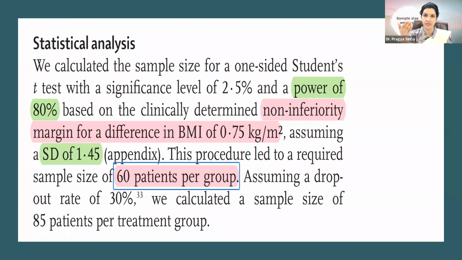And standard deviation they have fixed at 1.45. So if I have to set the value, I'll set the standard deviation as 1.45. This margin is 0.75. This is a non-inferiority trial with 80% power and 2.5% alpha.